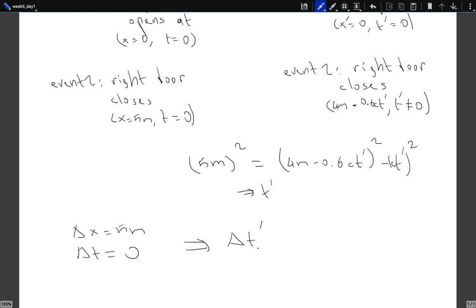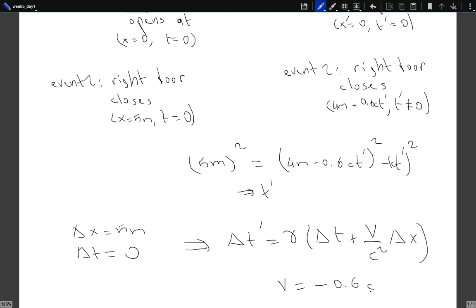We are interested in delta t prime, and delta t prime would be just gamma times delta t plus v over c squared delta x. And here v would be 0.6 c, plus or minus. It depends, but I would pick plus. I would pick minus.